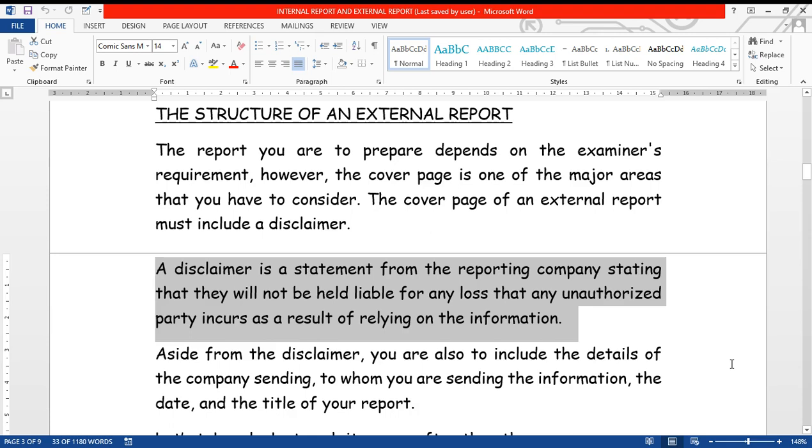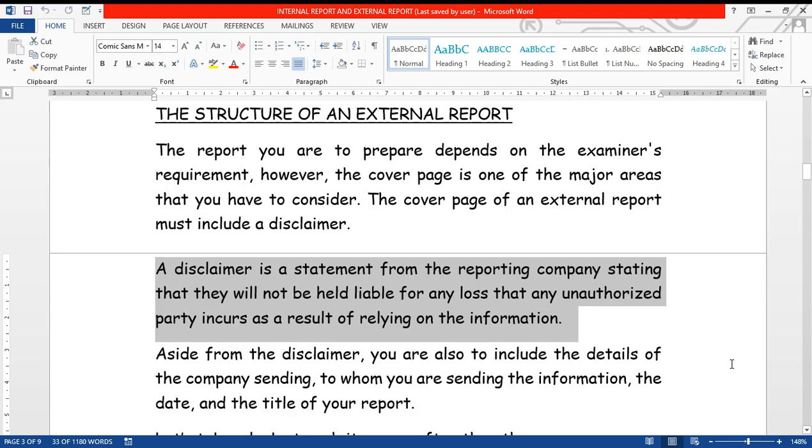You're sending it to probably the board of directors of ABC Limited, but you don't really know who may actually come in contact with it, because ABC Limited can probably publish it, or put it in their office where anybody can step in and take a look at it. So you have to put a disclaimer, a written statement that if any other person carries this report apart from ABC Limited, I will not be held responsible. That's one of the major things you have to consider when you're writing an external report. You have to put a disclaimer.